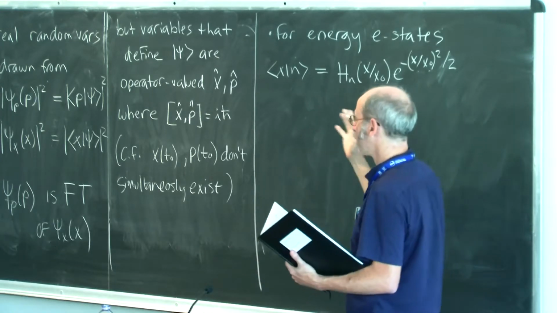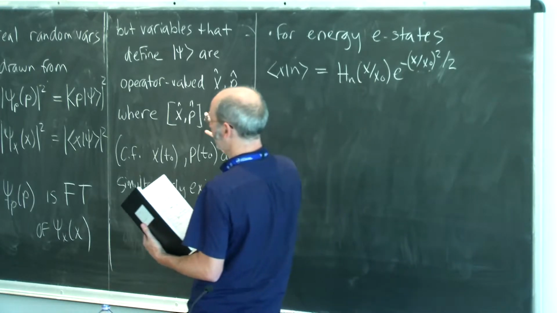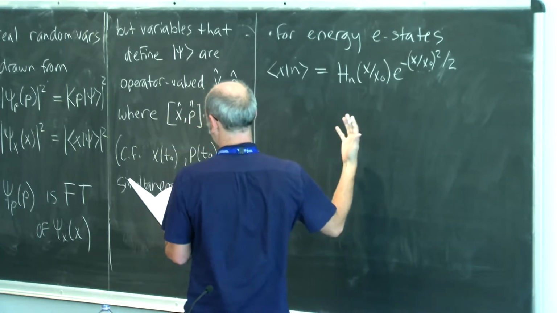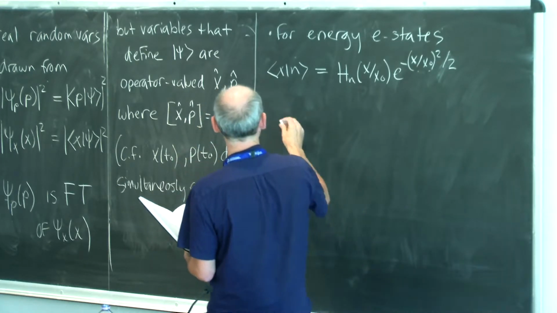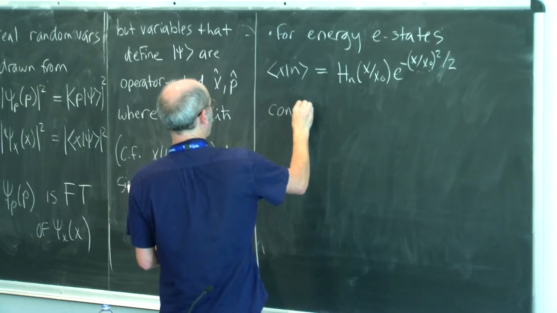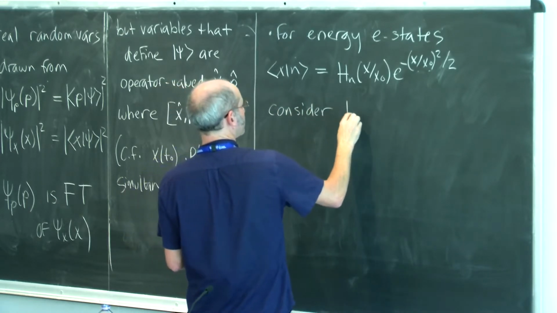So in order to see how close we can make the connection between the properties of the classical oscillators and properties of the quantum oscillators, let me take the particular case of the ground state of the oscillator.